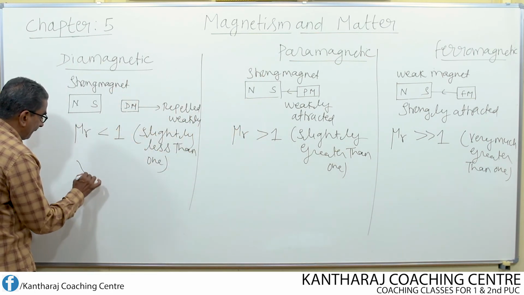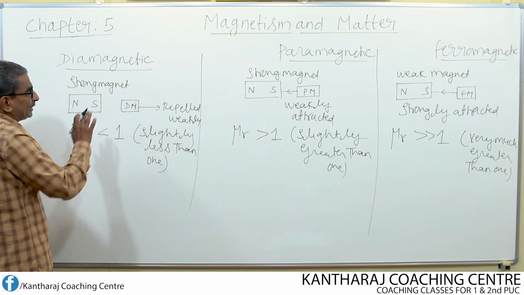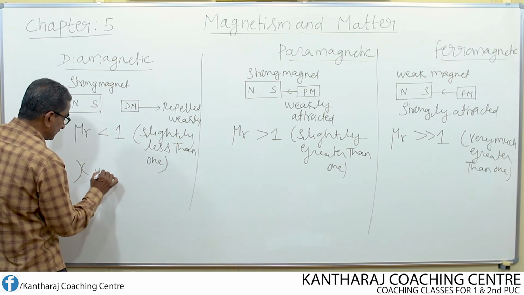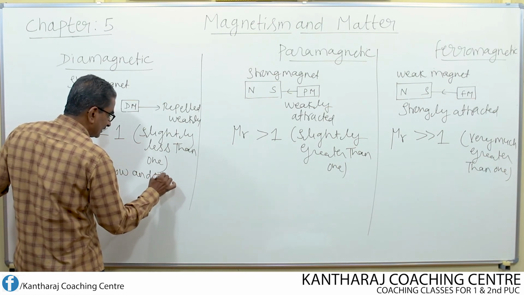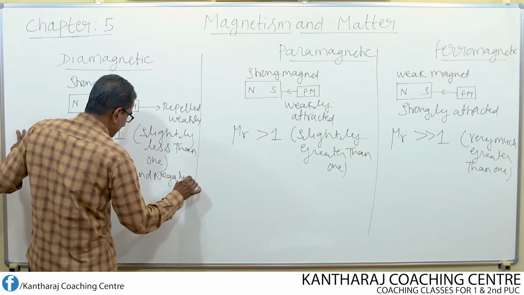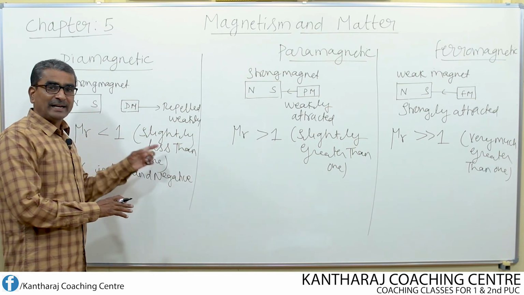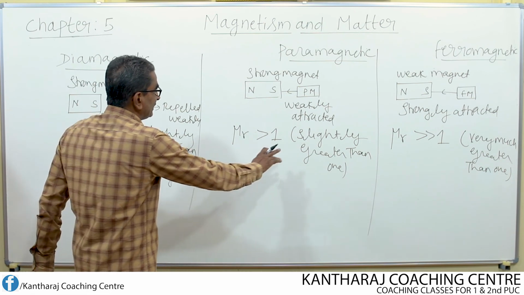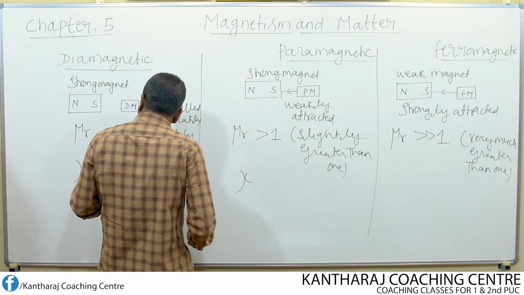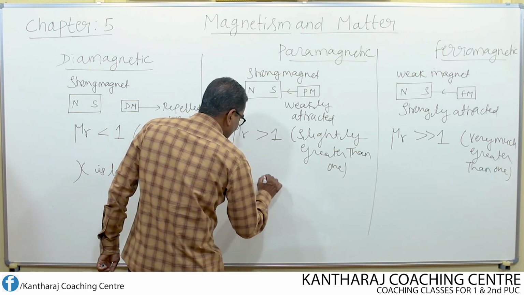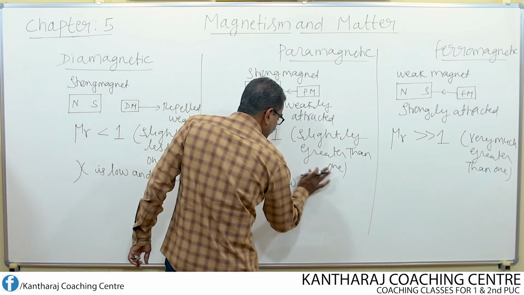Then coming to magnetic susceptibility. Susceptibility for diamagnetic material is low and negative. That means chi value is very, very low and it is found to be negative value. Whereas if I consider paramagnetic material, chi value is low but positive.